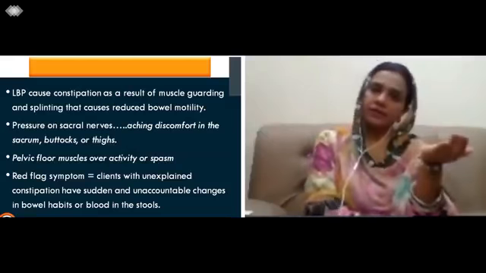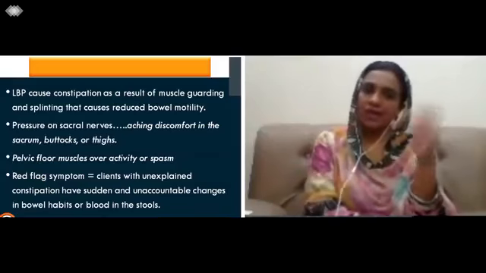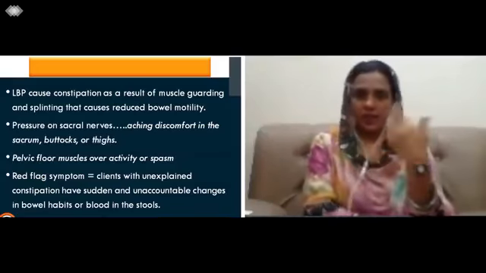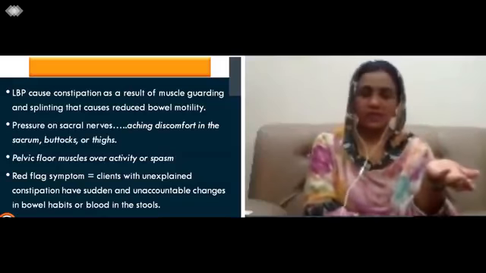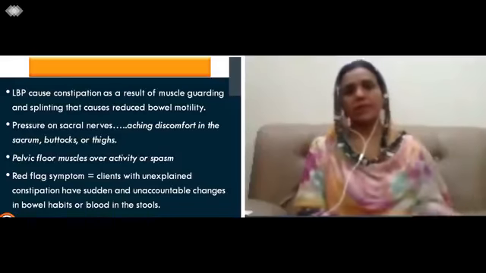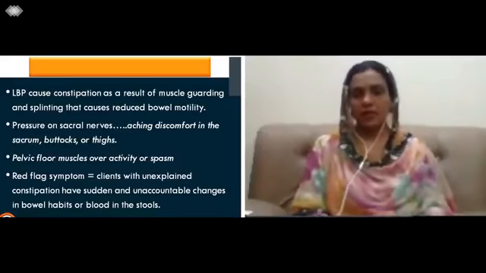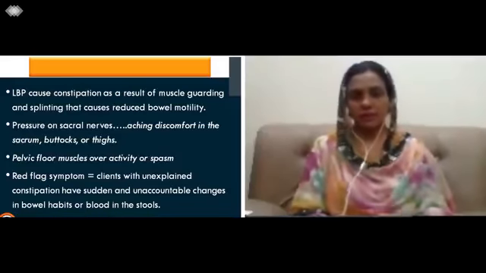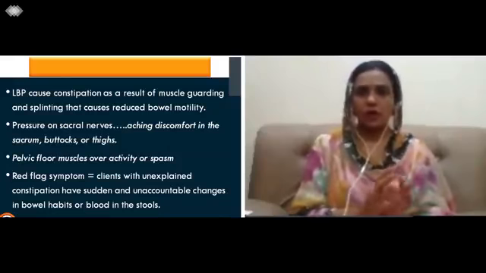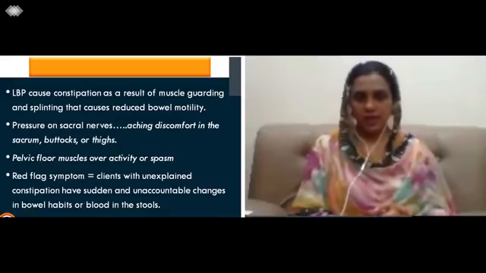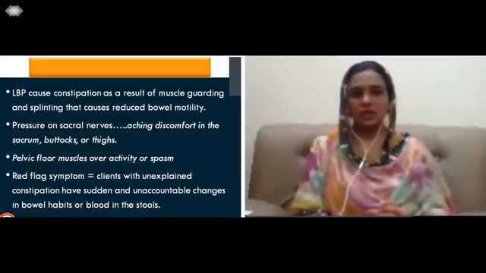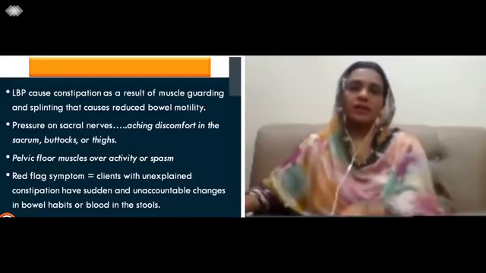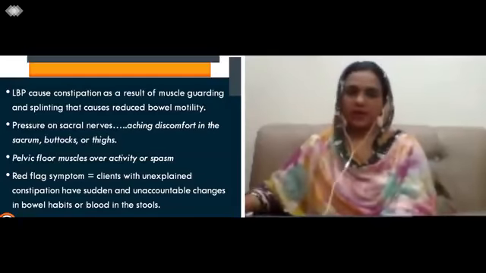On the other hand, if the patient is complaining of blood in the stools, or coffee ground material, or there is evidence of GI bleeding, that can be a red flag symptom. So in relation to constipation, the red flag signs are a sudden and unexplainable change in bowel habits, or blood in the stool.